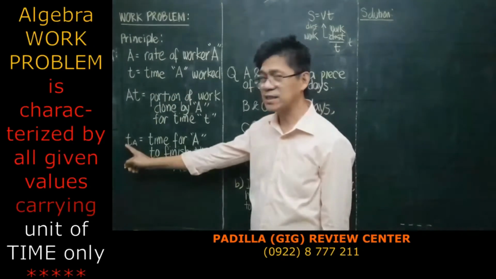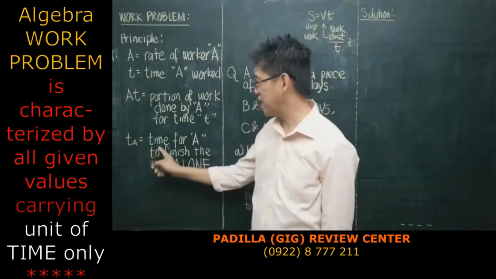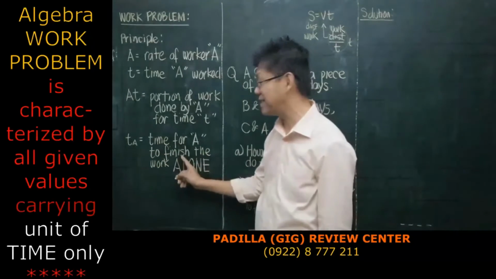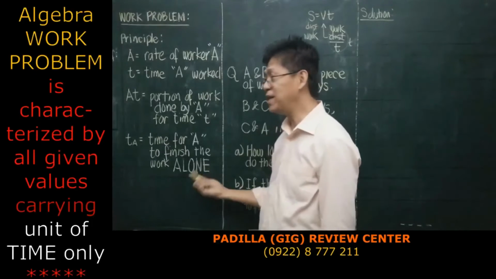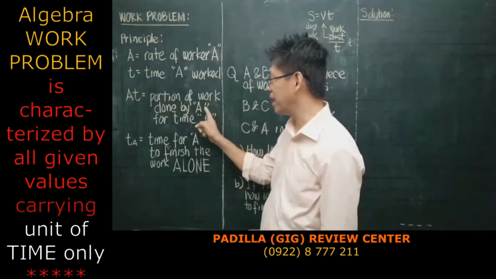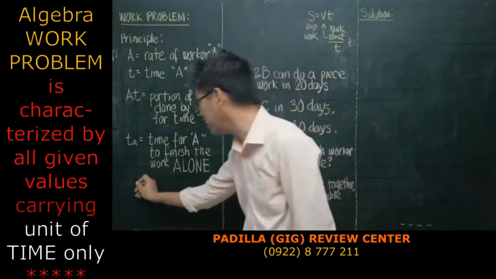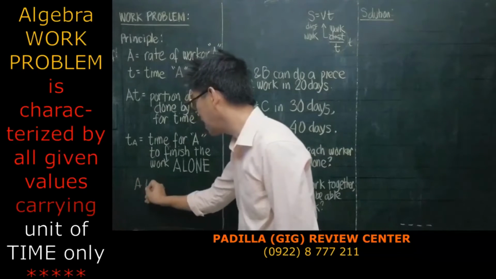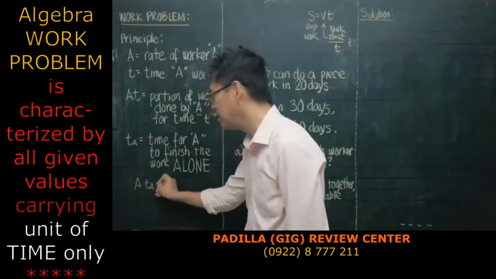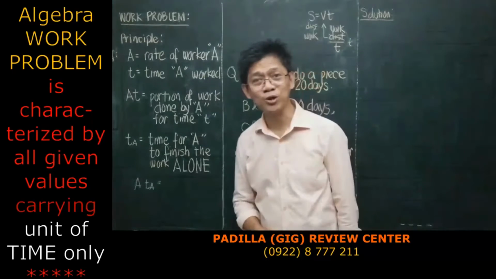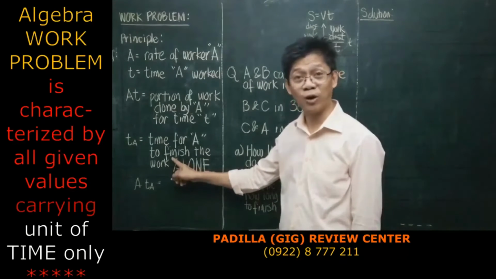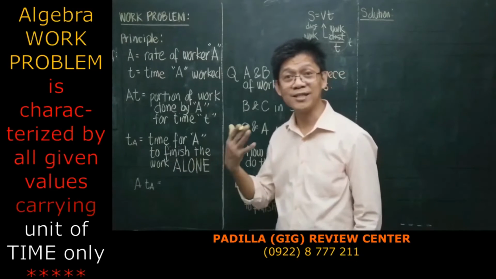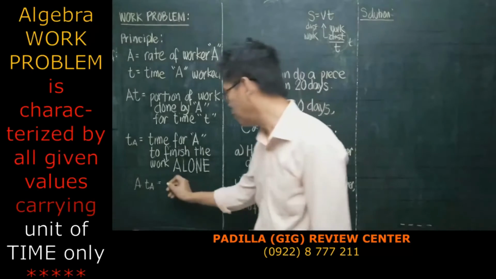Now if we will set T sub A as the time for worker A to finish the work alone, meaning the portion of work done by A for time T sub A is rate times T sub A. But what is the portion of work done? It's a finished work. So it means it's whole portion or complete work.